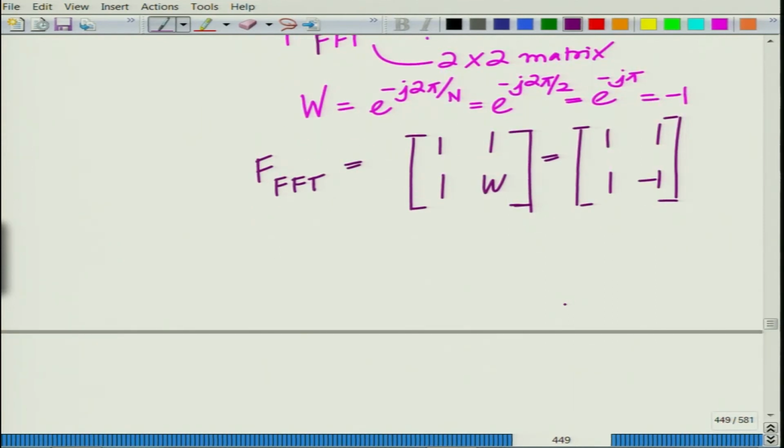So this is the 2 cross 2 Fourier transform matrix.